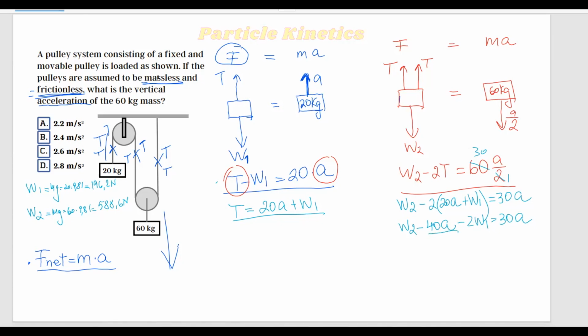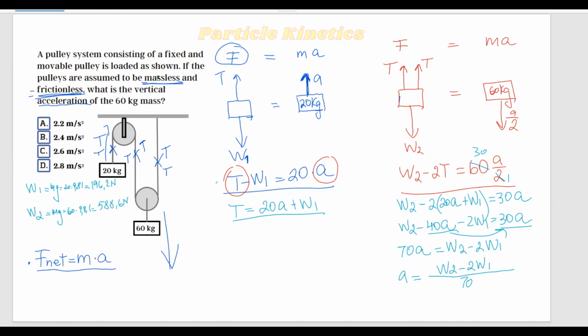So we have A here one time, here one time. This is going to be 70A if we take this member to the other side. 70A is going to be equal to W2 minus 2W1. And A is going to be equal to W2 minus 2W1 over 70.